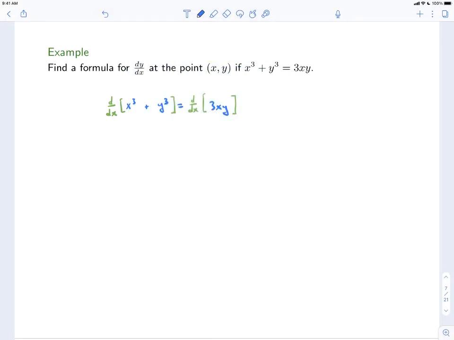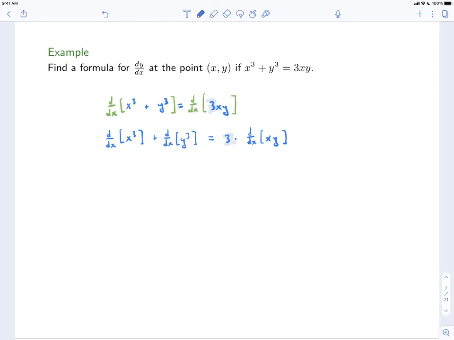Again, on the left, we have a sum, so we can differentiate each of these individually. And on the right, we're going to have a product. So this is 3 times the derivative with respect to x of x times y. We just use the constant multiple rule to take out that constant. We don't have to take it out. We're just taking it out to make our computations a little bit easier.